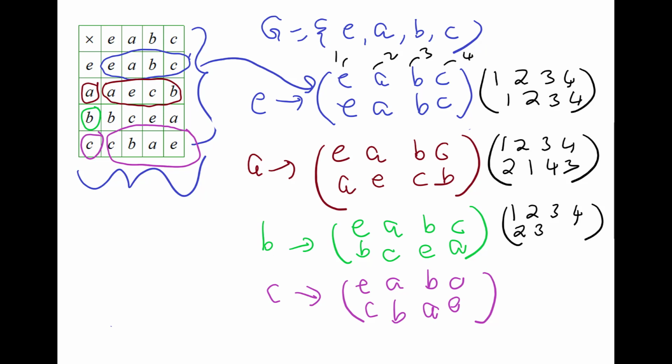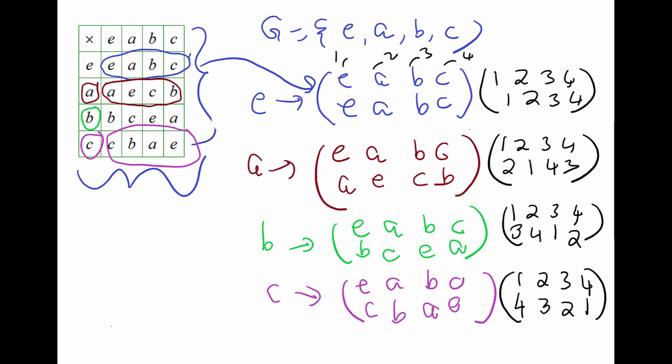Actually, this should not have been 2. So here B is 3, C is 4, then we got 1 and 2. And here we have 1, 2, 3, 4, then C is 4, B is 3, A is 2, and E is 1.